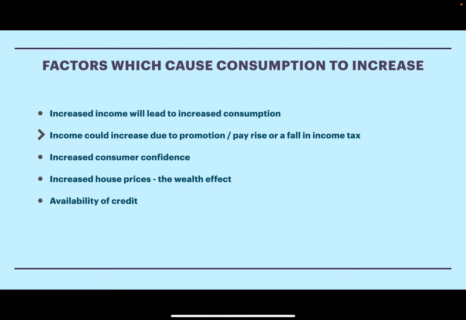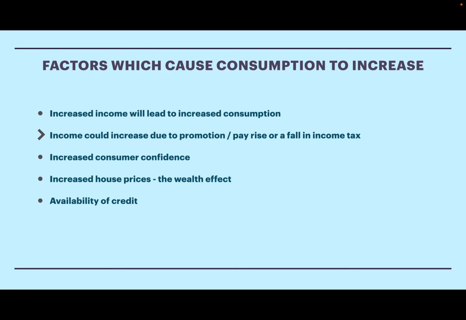And then availability of credit. So that refers to how keen the banks are to lend money and how much money the banks have to lend out. So if the banks are keen to lend out money and they have plenty there to lend, then consumption is going to be able to increase. So credit is the lending.